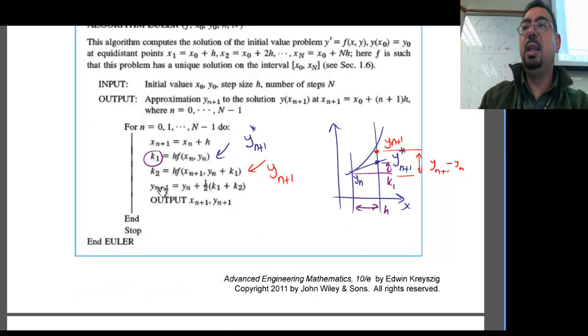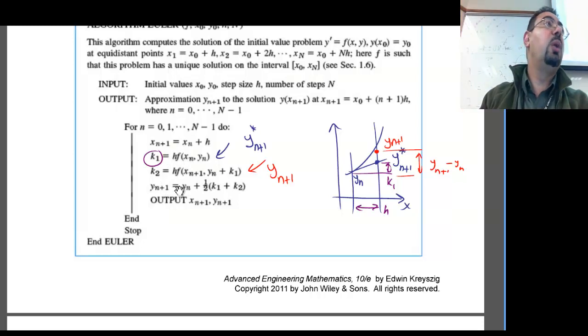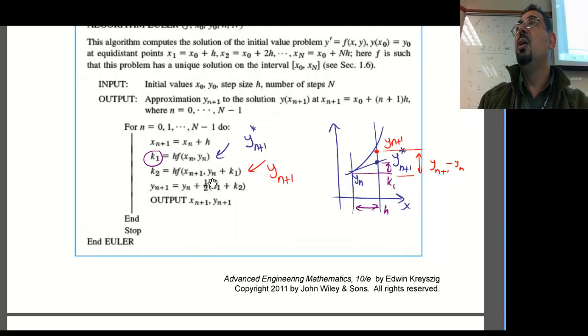It's basically like calculating the slope twice: the initial slope, and the final slope. The initial slope is calculated using xn and yn, and the final slope is using xn plus 1 and that yn star, that new point. That's yn plus k1.